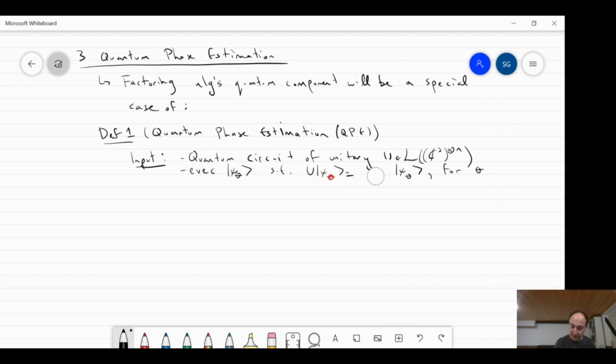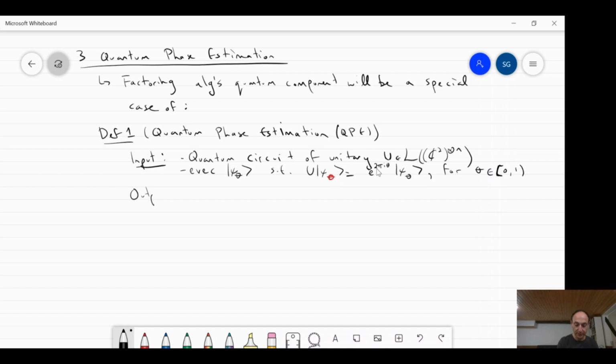I wanted to write e to the 2 pi i theta, and the reason is because I want theta to be a real number between 0 and 1, so that we can write it as a fraction, or more generally as a real number with no integer component. So theta includes 0 but not 1. This allows us to wrap all the way around the unit circle for this phase.